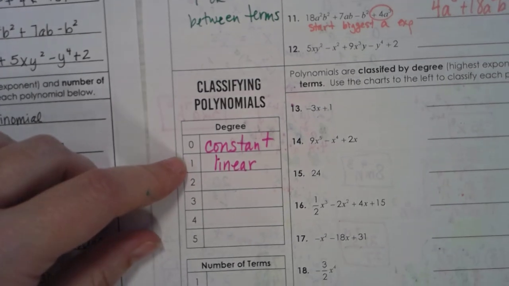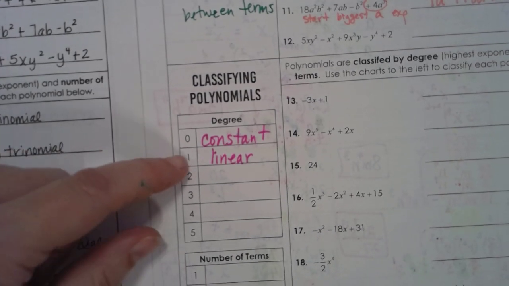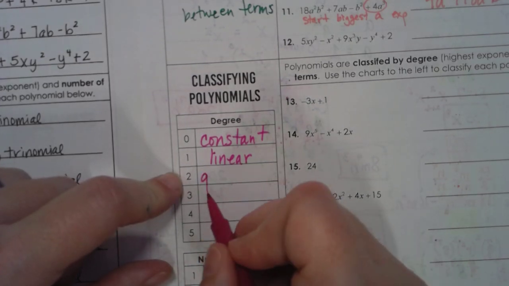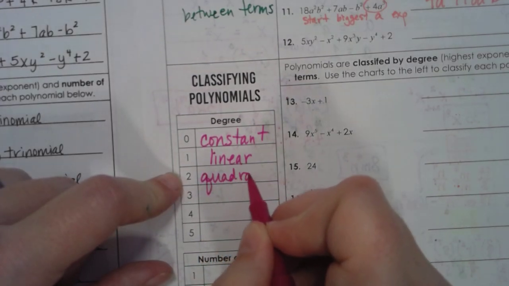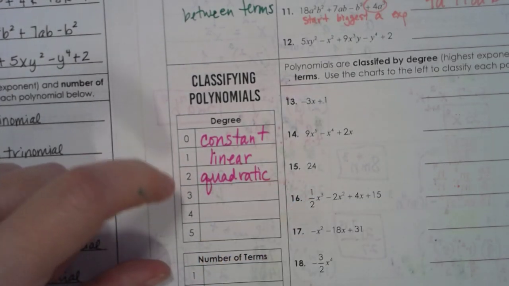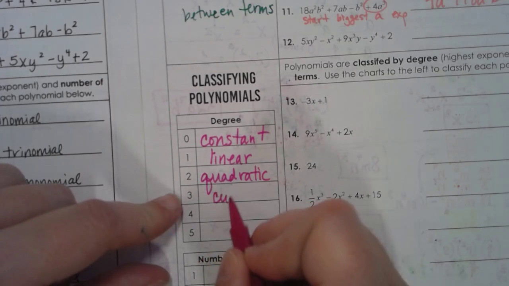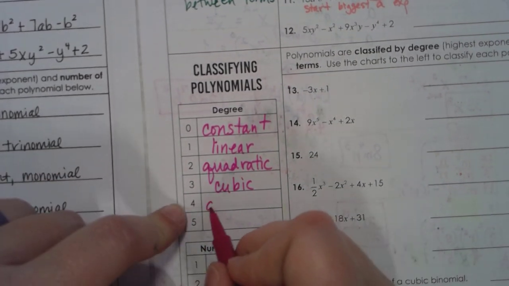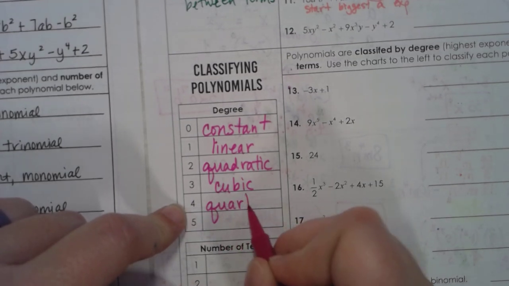mx plus b, right? All of our straight lines have x to the first power. Anything that has x to the second power is quadratic. X to the third power is cubic. X to the fourth power is quartic.